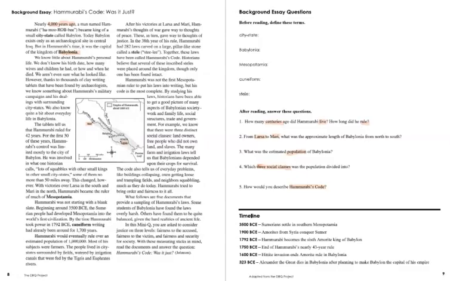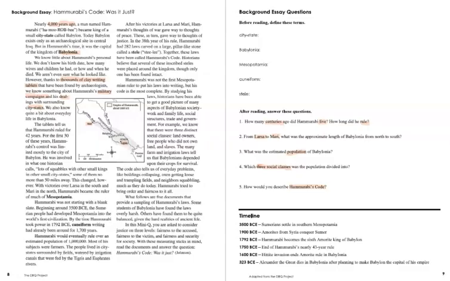We know little about Hammurabi's personal life. We don't know his birth date, how many wives and children he had, or how or when he died. We aren't even sure what he looked like. However, thanks to thousands of clay writing tablets that have been found by archaeologists, we know something about Hammurabi's military campaigns and his dealings with surrounding city-states.